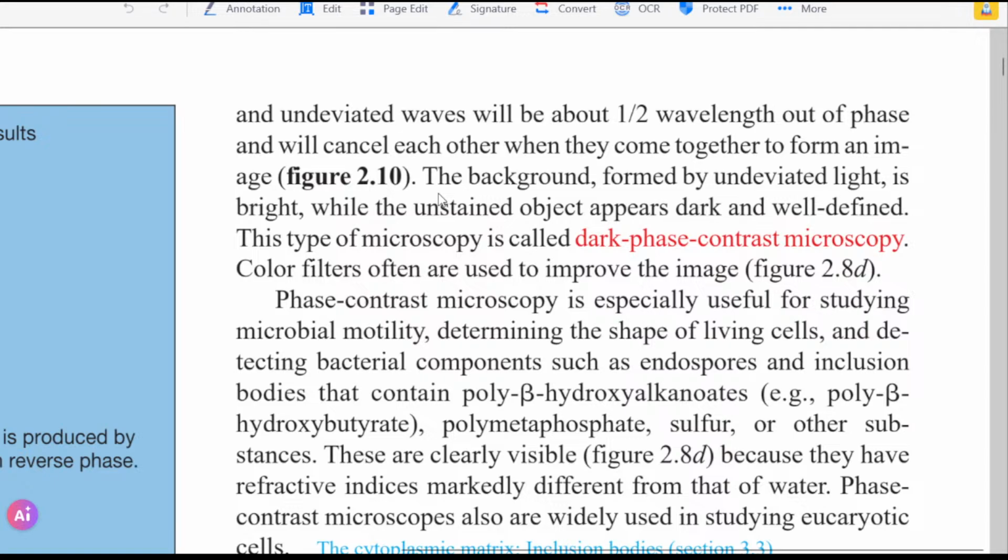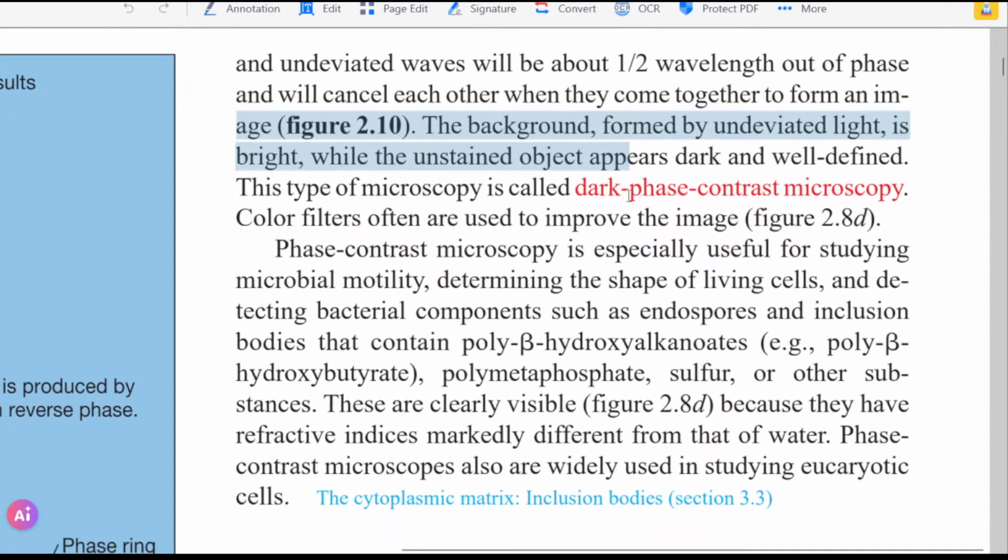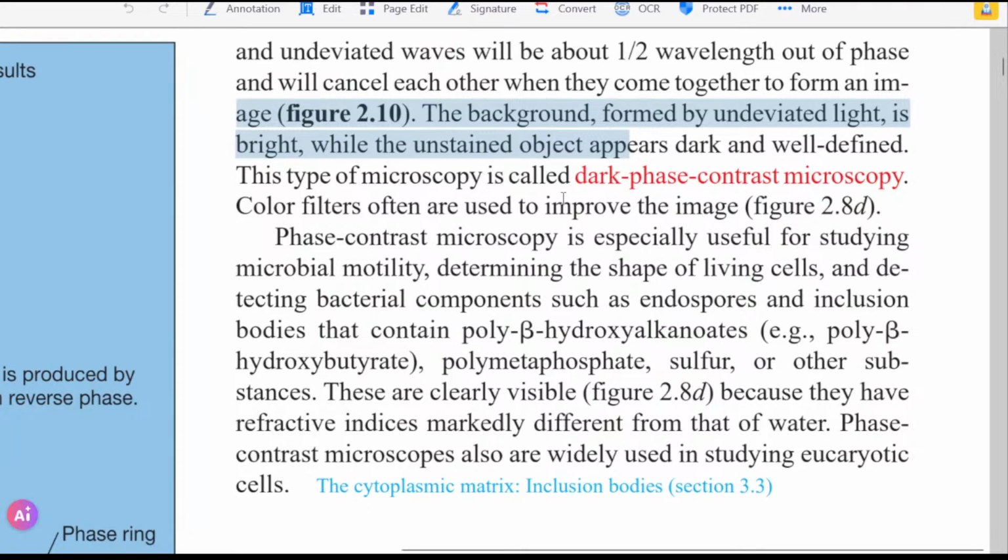The background formed by undeviated light is bright, while the unstained object appears dark and well defined. This type of microscopy is called dark phase contrast microscopy.